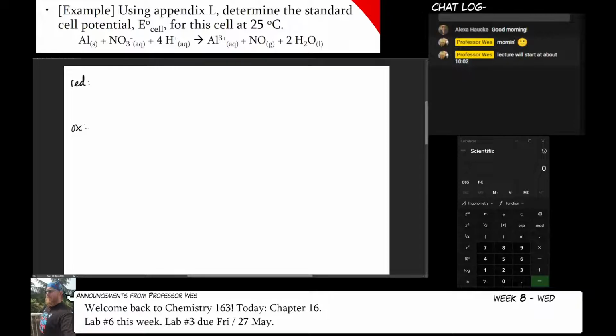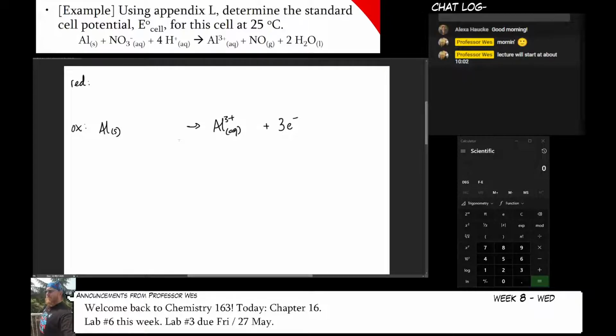Well, very clearly aluminum is being oxidized, so we know that this is happening. We can tell just by looking at the charge on aluminum. Sorry, my nose was super itchy there, and I just stopped what I was doing to scratch it. All right, so there's my oxidation.